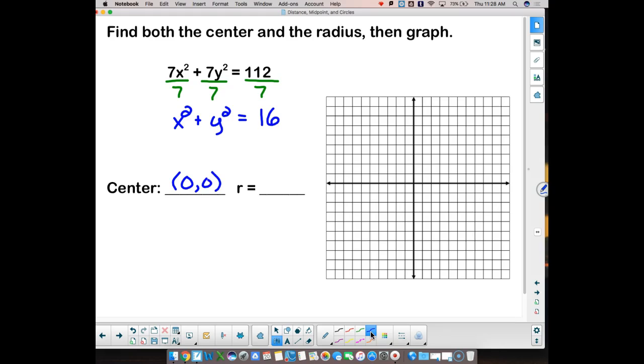The parentheses aren't even there, so those are zeros. I could write this as x minus 0 and y minus 0. What's my radius? Well, yeah, 4. The square root of 16 is 4.